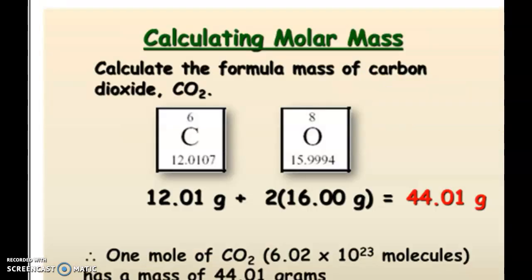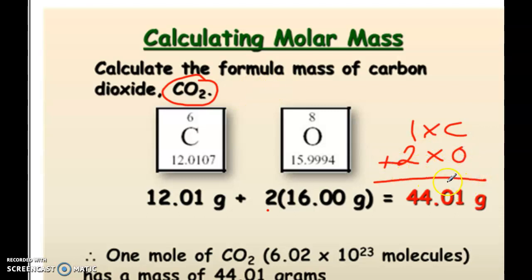Here's another example. Carbon dioxide. If we wanted to figure out the molar mass for carbon dioxide, we have 1 carbon plus 2 oxygens. How you can write this out for me, I find it's the easiest, is this, and then you give me my answer.